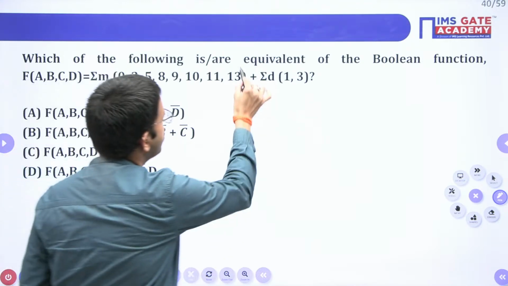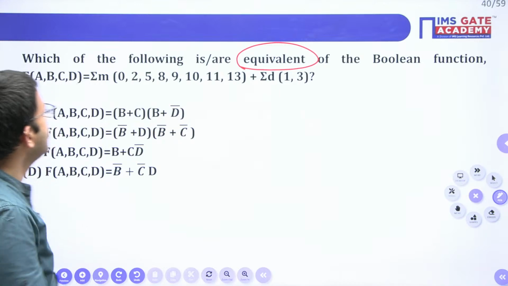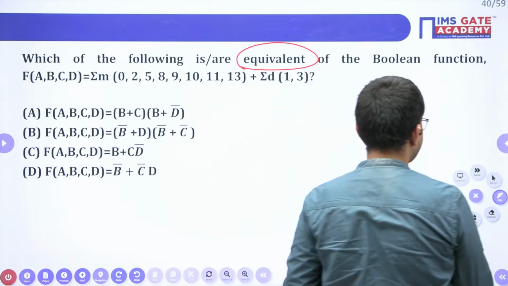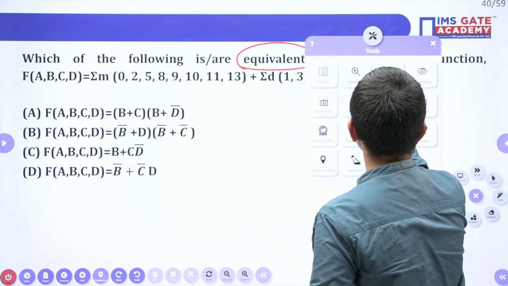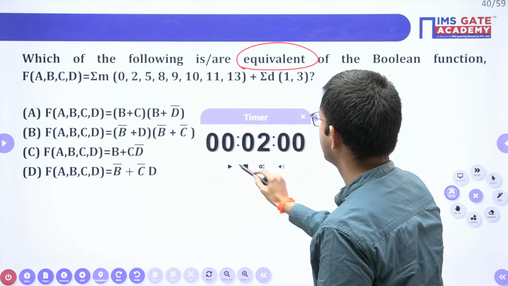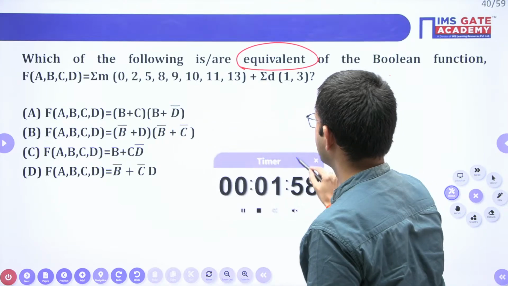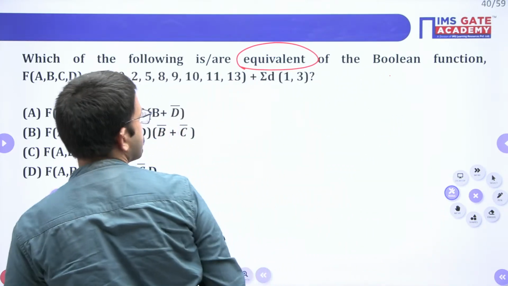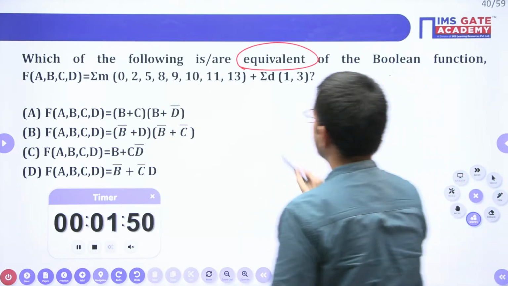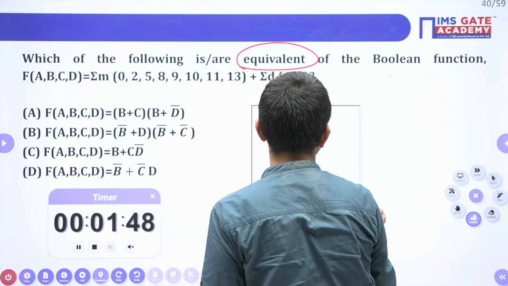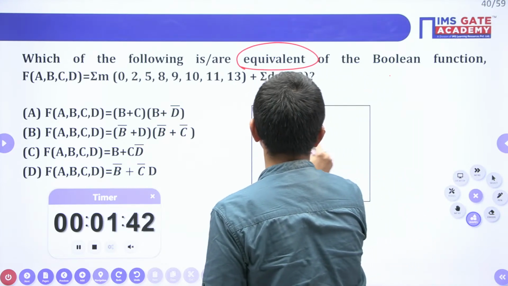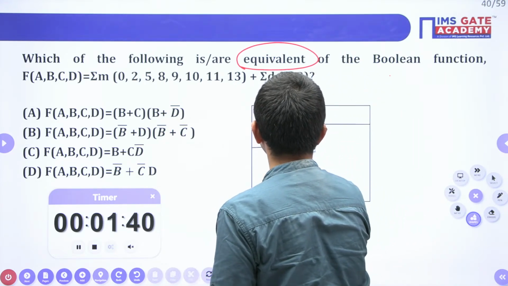So in this question they are asking for the equivalent. They have given one Boolean function and they are asking for the simplified function. All of you try. I am just drawing the K-map.